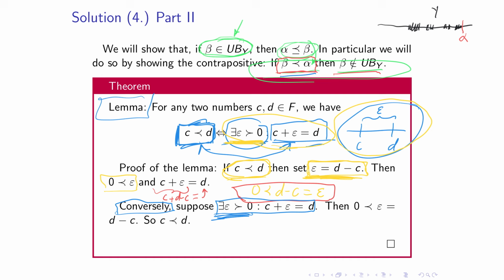If we solve for epsilon, then we get that epsilon is equal to D minus C. And we know that 0 precedes epsilon. Epsilon is D minus C. So by transitivity, 0 precedes D minus C. Now add the C back to the other side and you get the desired result, and the proof is complete.